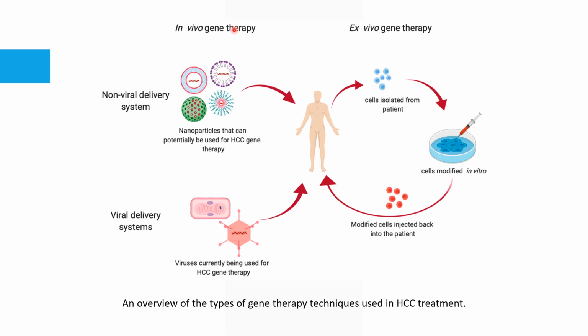So this diagram here shows the two types of gene therapy techniques, the two types wherein the therapeutic gene will be introduced into the patient. The first type is the in vivo gene therapy, and the second type is the ex vivo gene therapy.